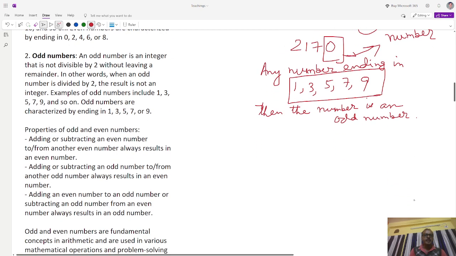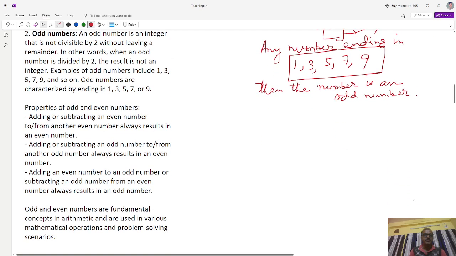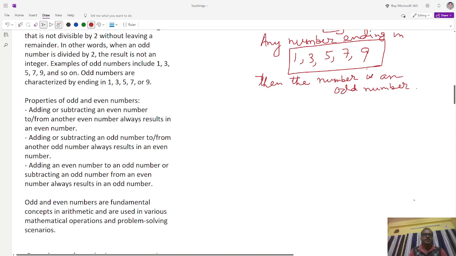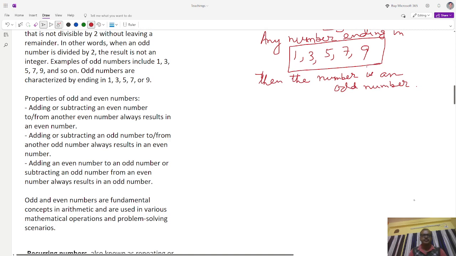Properties of odd and even numbers. Adding or subtracting an even number to or from another even number always results in an even number. Take an example. 18 minus, suppose, 6.